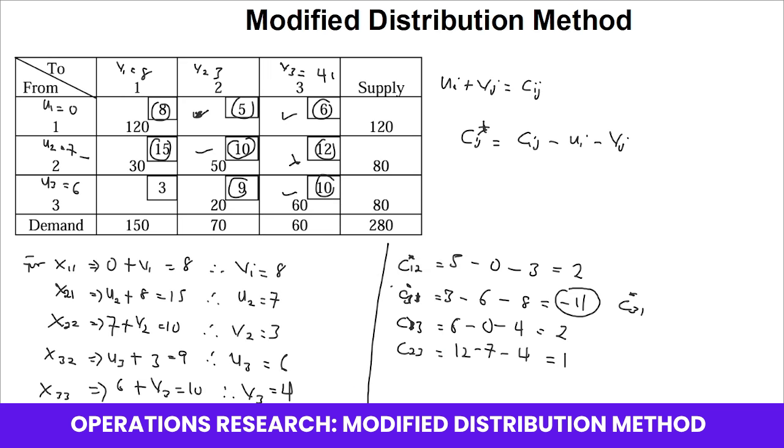Let me clean these marks here. All right, so this is C31. So we start here, we form a closed loop.